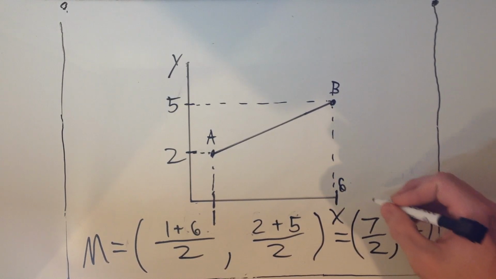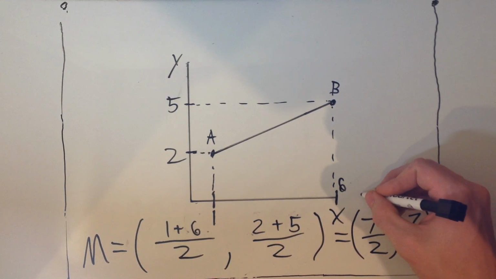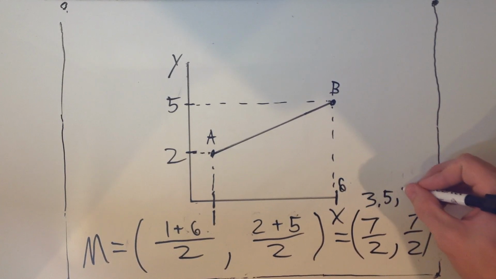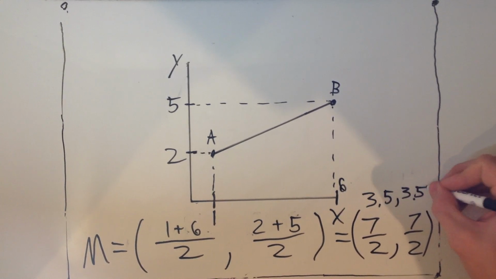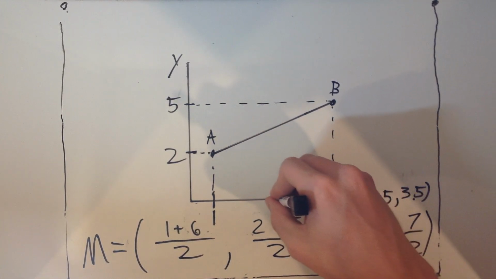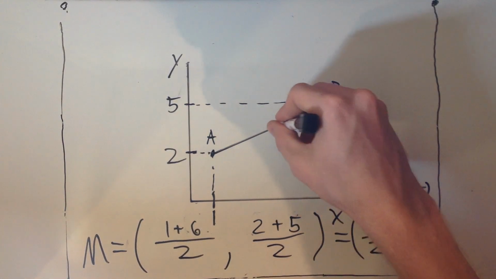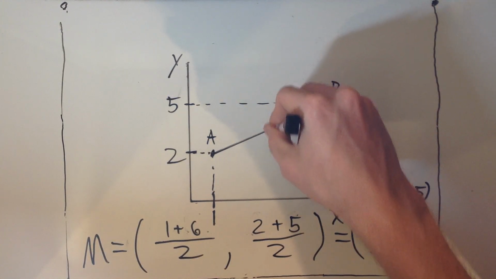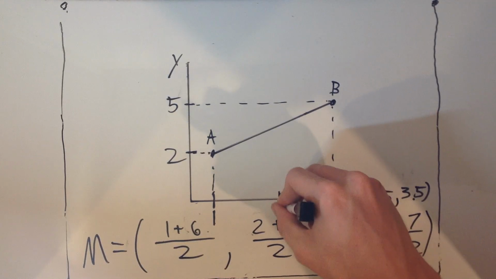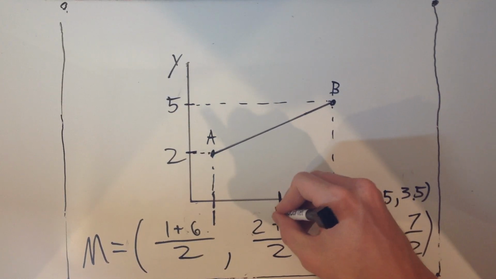And so now if we reduce that to make it a little easier to comprehend what's going on, we have 3.5 by 3.5. So our midpoint should form a nice little square. So our midpoint between 1 and 6, 3.5 is going to be right about here-ish.